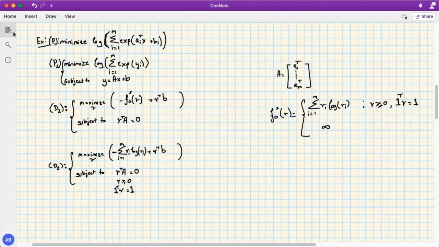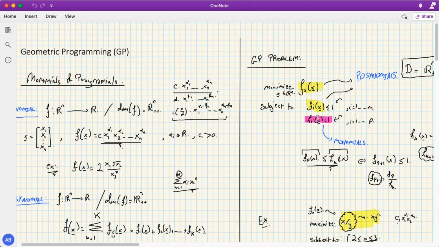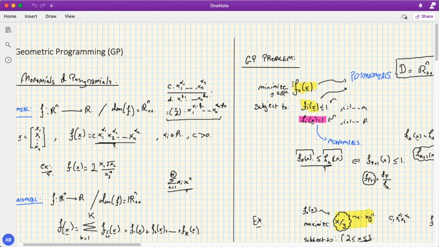What are GPs? We talked about this in previous lectures. GPs look like this: you're minimizing a posynomial, not a polynomial. Polynomials are additive in different powers of the variables of the problem, whereas posynomials are multiplicative, and the coefficients are taken as powers of each variable. So it's c x1^alpha1 x2^alpha2 down to xn^alphan.